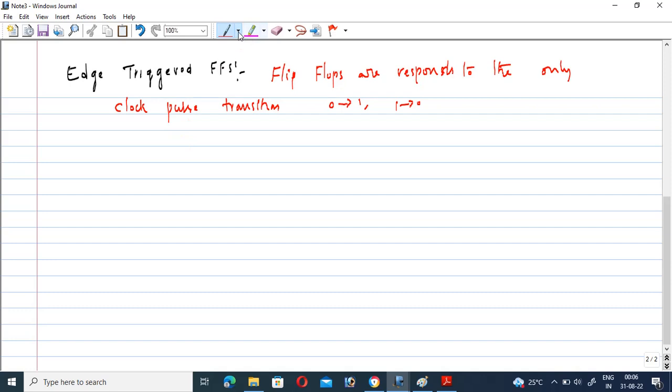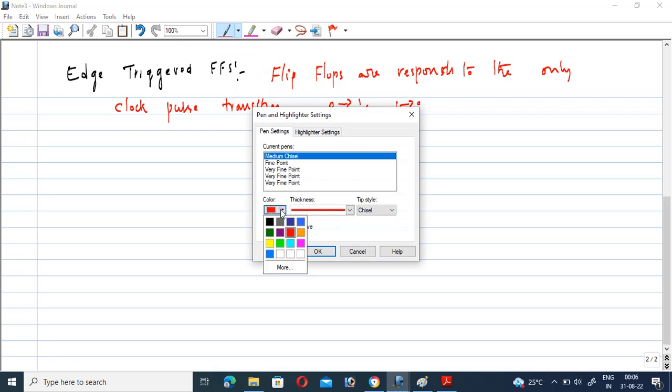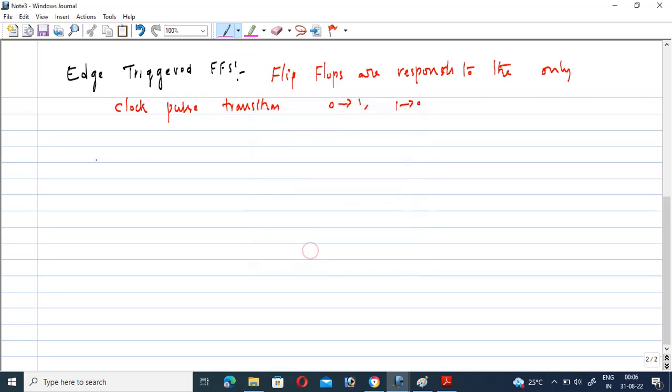Suppose we take a few more points. If the flip-flop responds to the positive edge of the clock, it is called positive edge triggering.